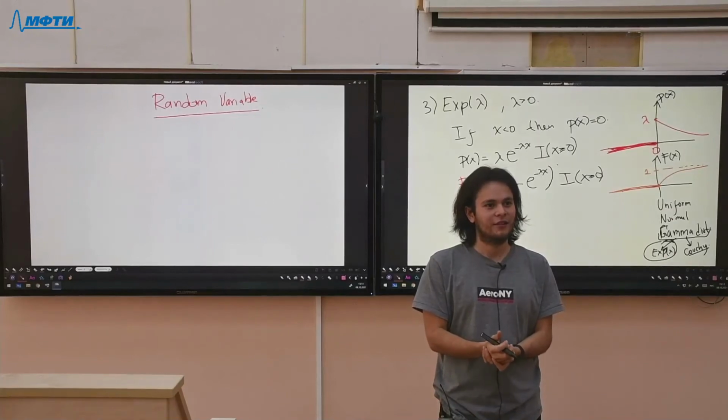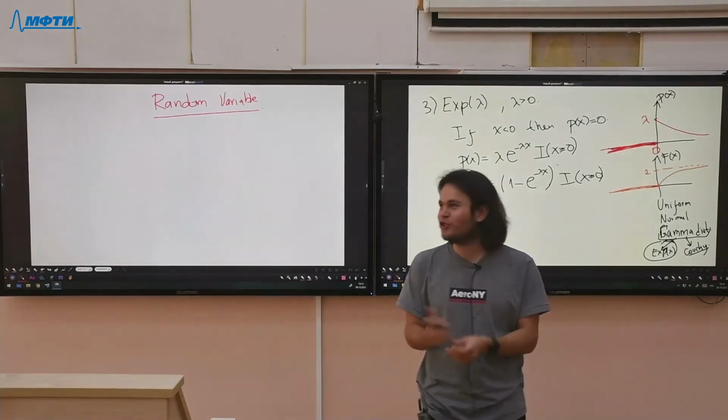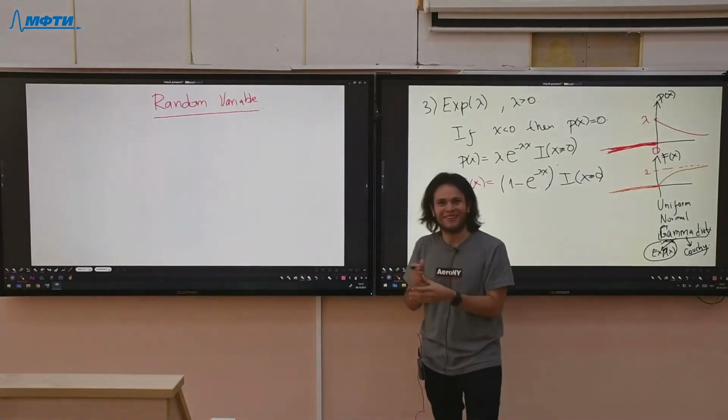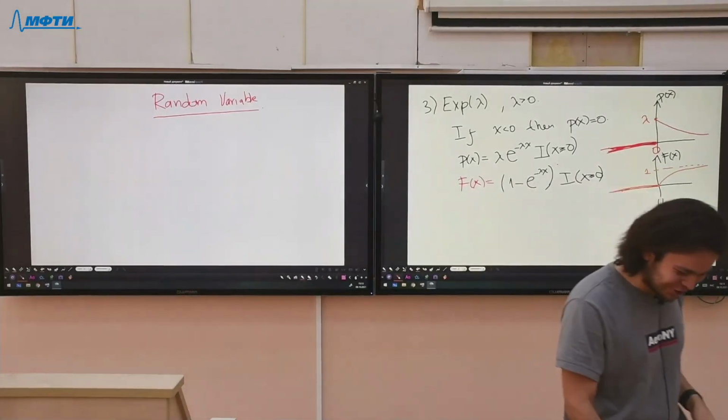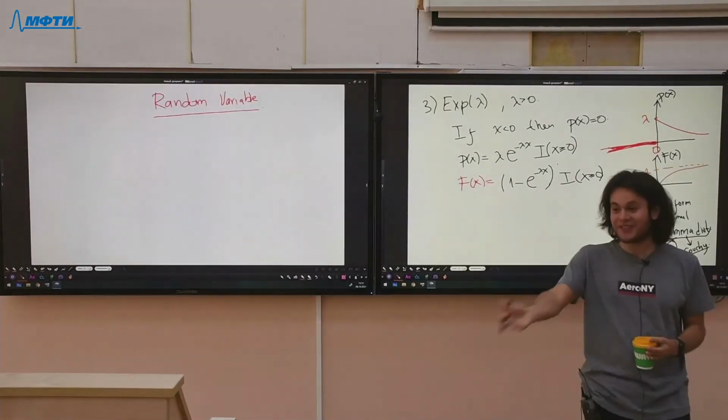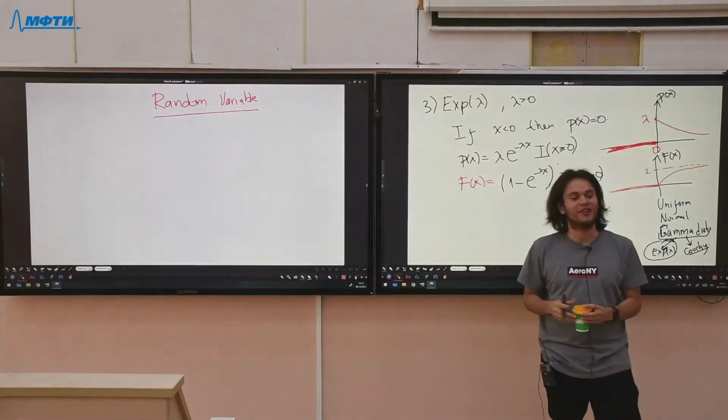How the elements are distributed, like suppose. No, don't think about the word distribution. Think about the definition of a distribution. I don't need to hear that in the exam. So what is a distribution, a probability distribution?